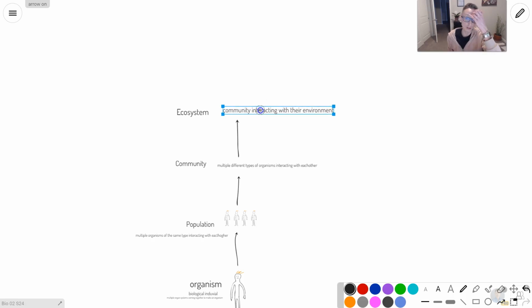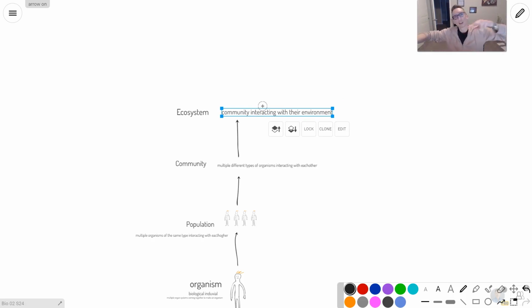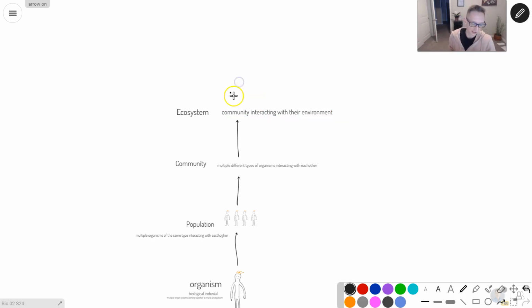It's a community plus the environment. So it's the organisms plus the environment. So it's like the humans, the grass, the cows, the wheat, the bugs, and the rocks, and the water. That's an ecosystem.